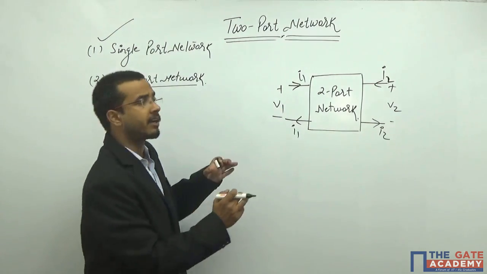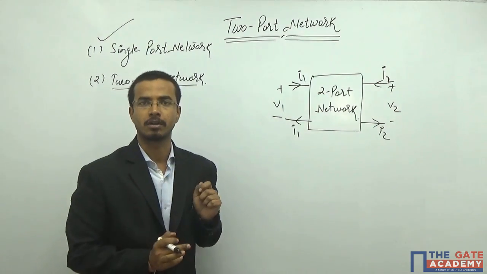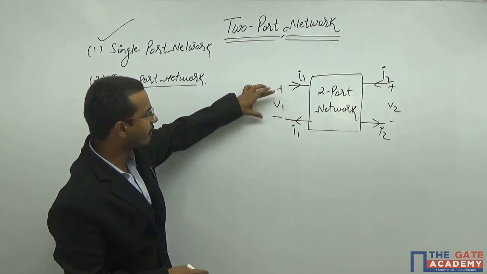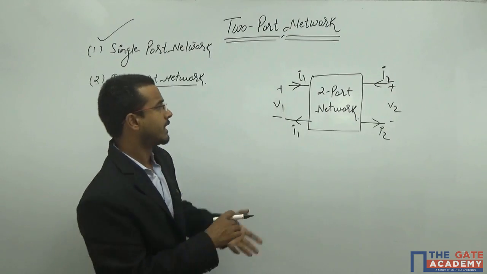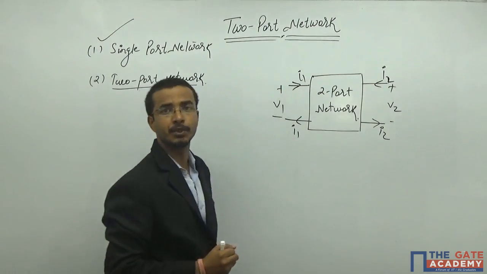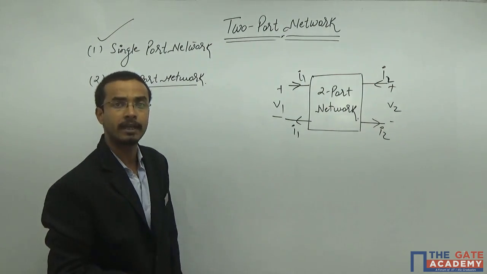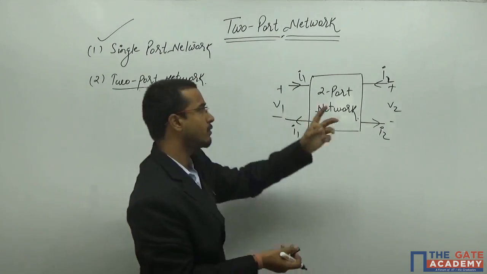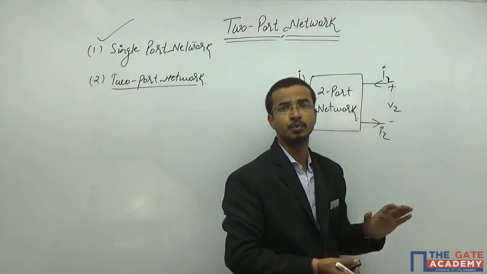And this is the standard representation of the two-port network. That means you are providing the current from this side, which is developing the voltage V1. You are applying the current I2 from here, which is developing the voltage V2. Or in other words, you are applying the voltage here, which is developing the current I1, and you are applying V2, which is developing the current I2.